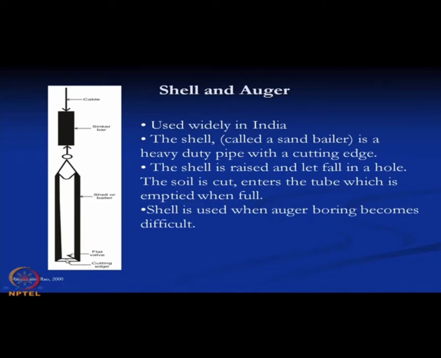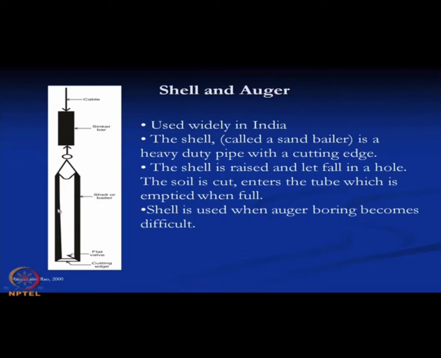The soil is cut and enters the tube, which is emptied when it is full. That means this is the cutting edge and this is a heavy duty shell. This shell is taken up and then dropped into the ground. This is a one way valve. It opens and the soil enters from here into the shell, and once it has entered, the valve is closed and the soil cannot go back.